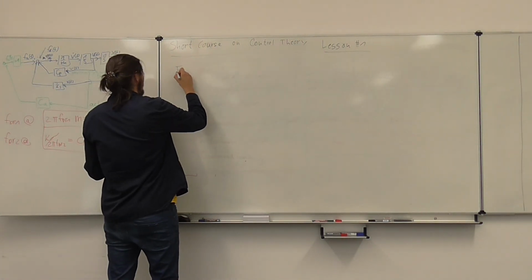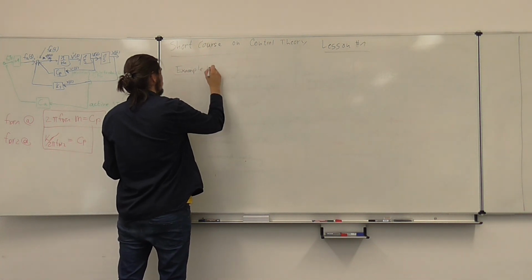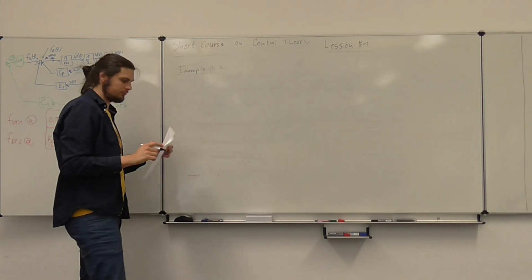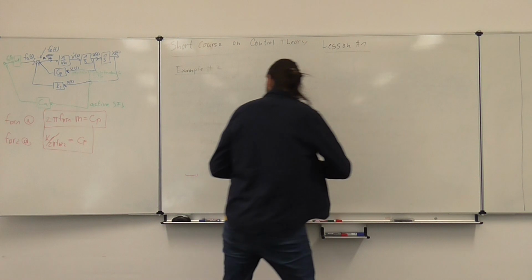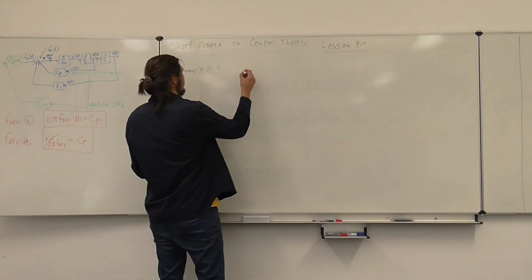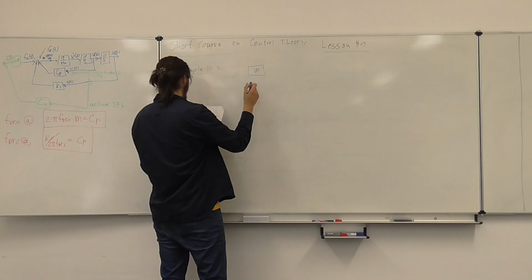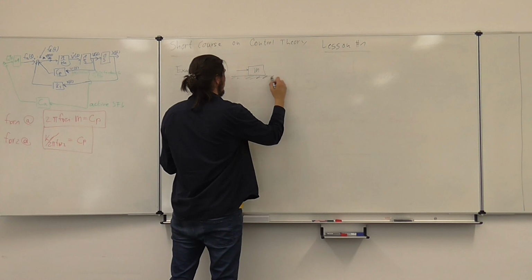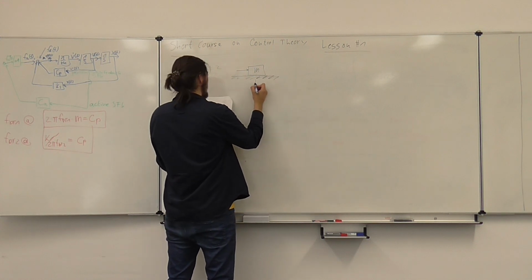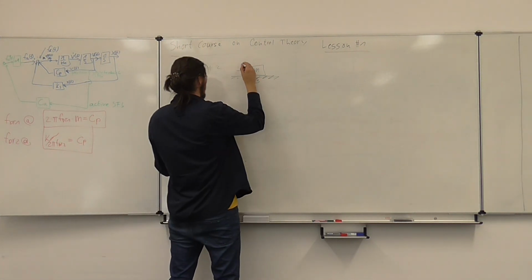Let's go to example 2. You will see the differential equation looks pretty similar. We have a mass, ground associated with some friction coefficient.